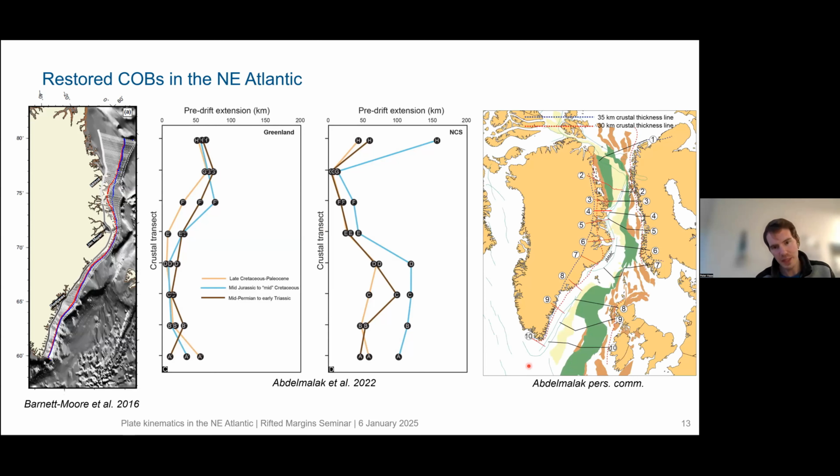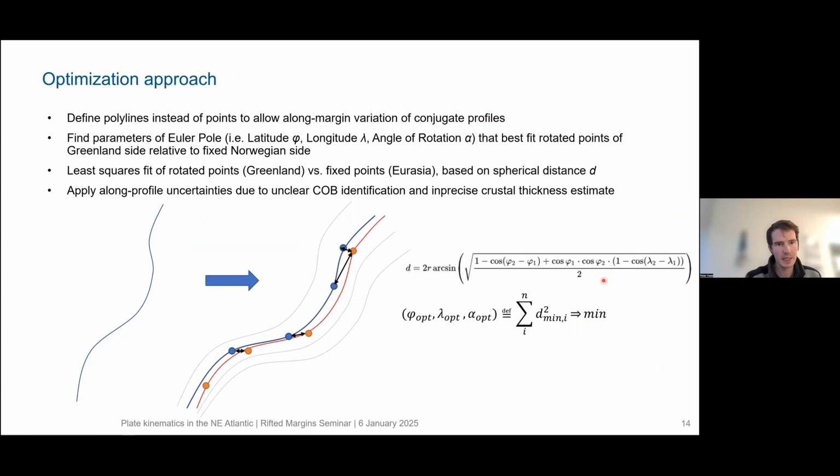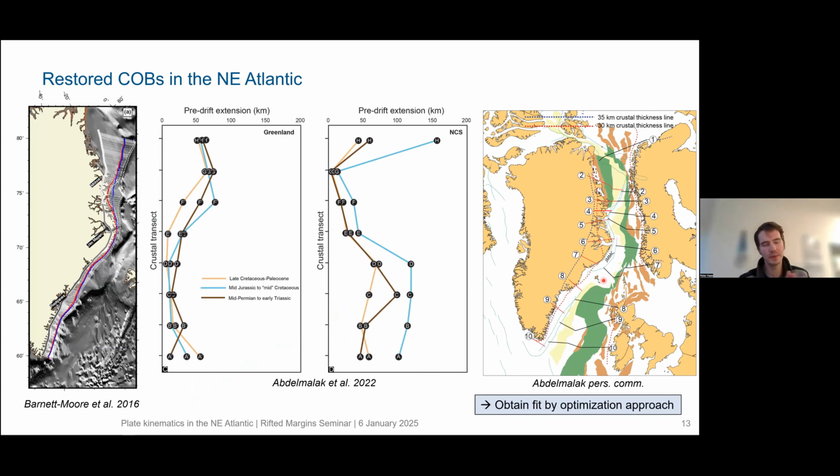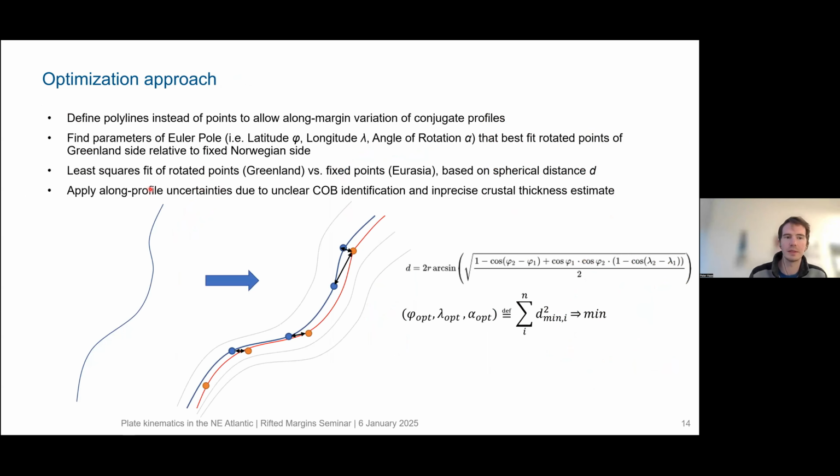And in a study that we did, we used this information plus additional seismic data in the south to construct basically our own model by an optimization approach. This optimization approach I just described very briefly, but in other models before, people used basically visual fitting approaches, and we wanted to quantify it based on an optimization which contains some least squares fit of rotated points.